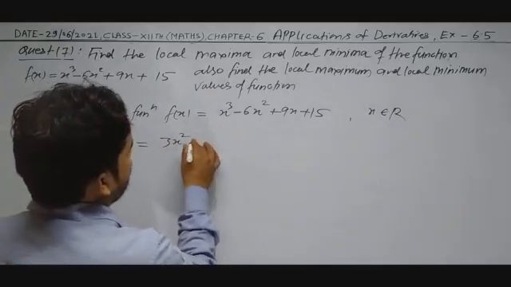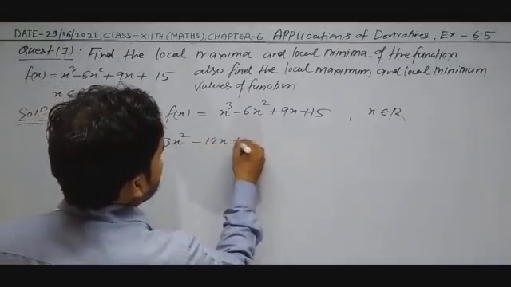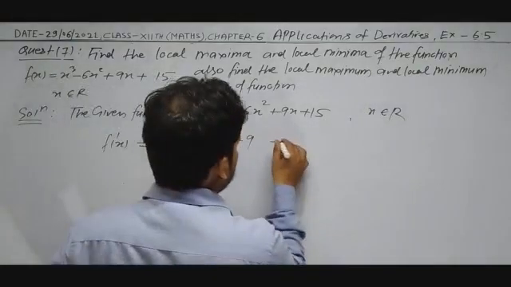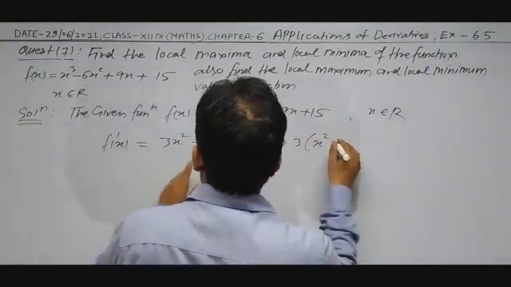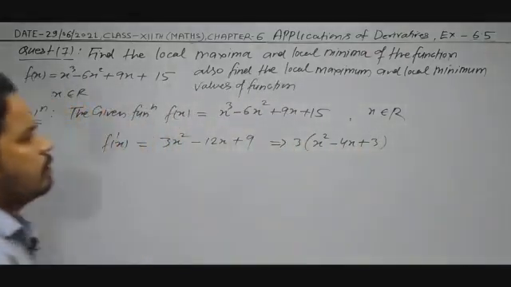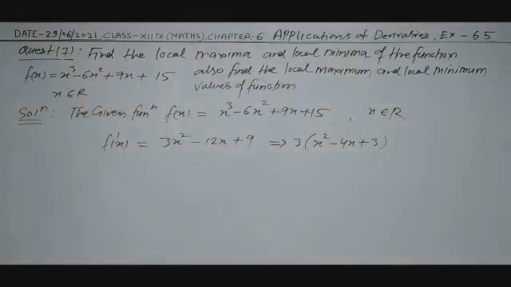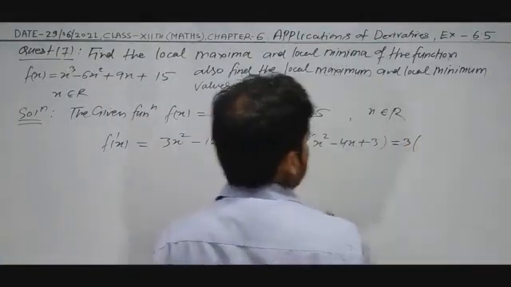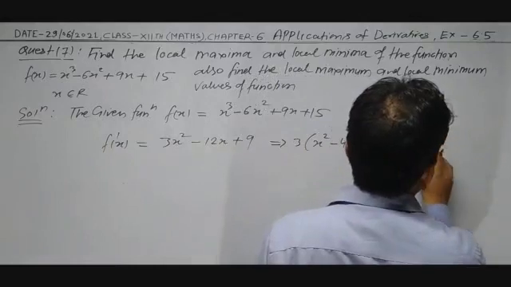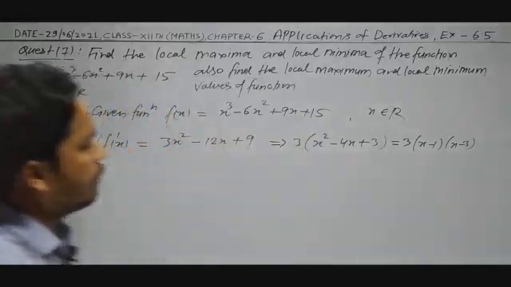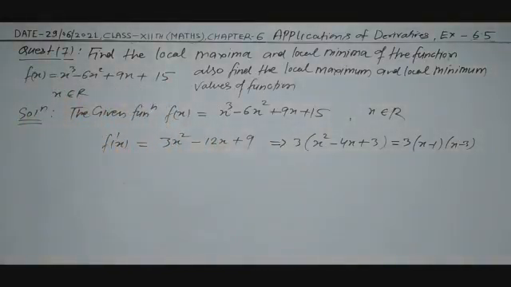This will be 3x square minus 12x plus 9. After taking 3 common, the result will be 3 times x square minus 4x plus 3, and its factors can be written as 3 times (x minus 1)(x minus 3). When you multiply, you will get the same result: x square minus 1x minus 3x, that is minus 4x, and plus 3.